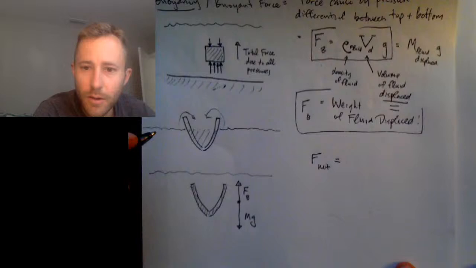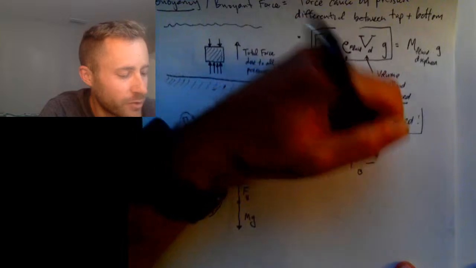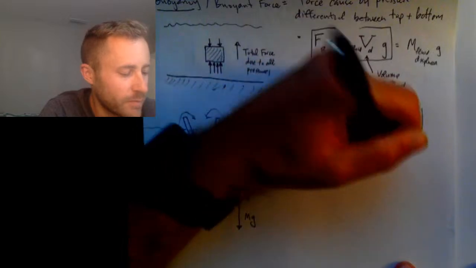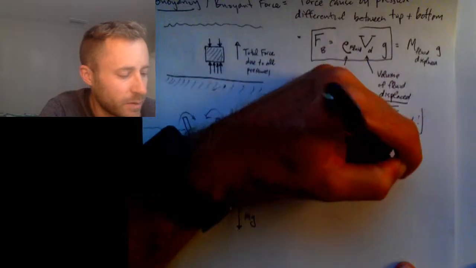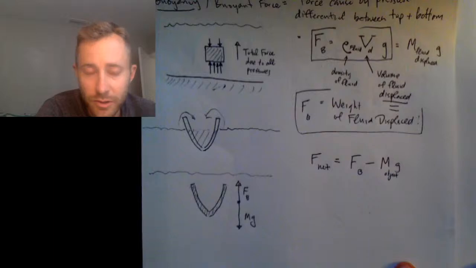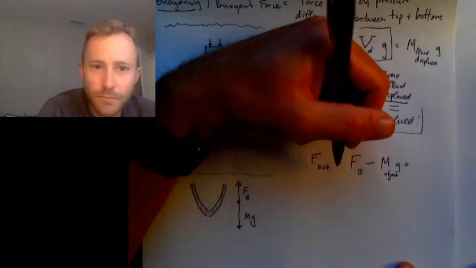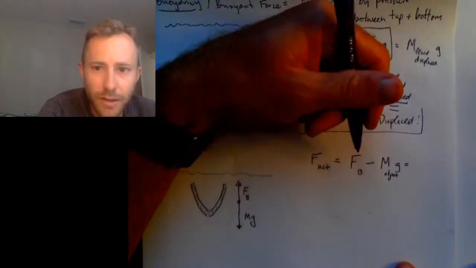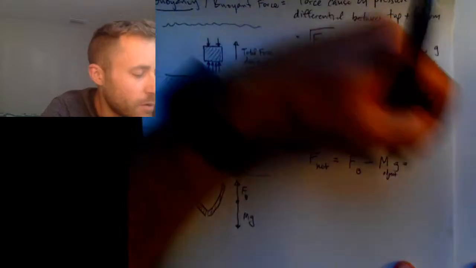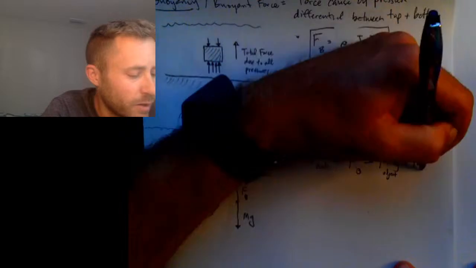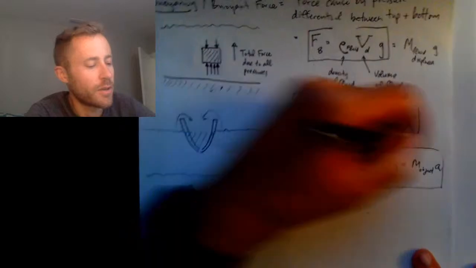So the net force is the buoyant force minus the weight of the object, and that's going to be your net force. And you can actually set that equal to the mass of the object times its acceleration. And so you can get the acceleration of the object.